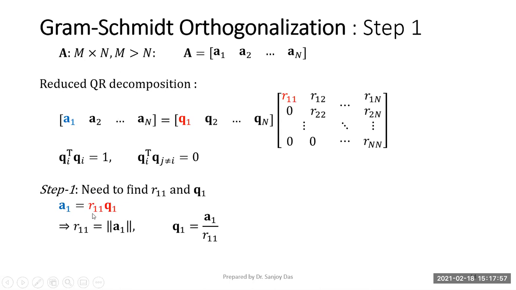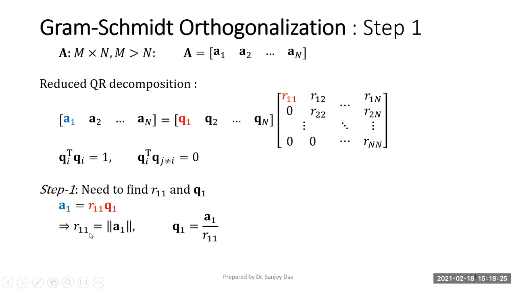This is R11, correct? Yes. So R11 is the L2 norm of A1. And Q1, because they're both vectors, being one, the relationship between them is Q1 times a scalar is equal to A1.